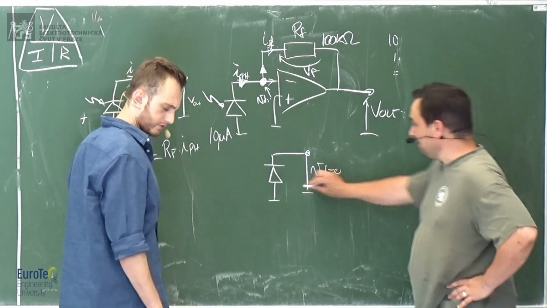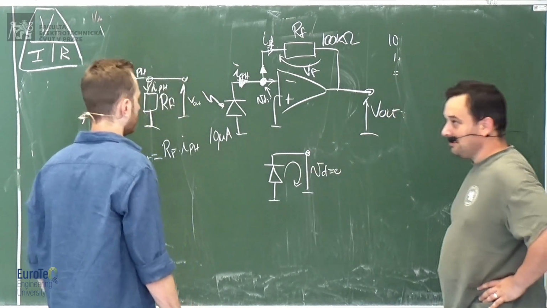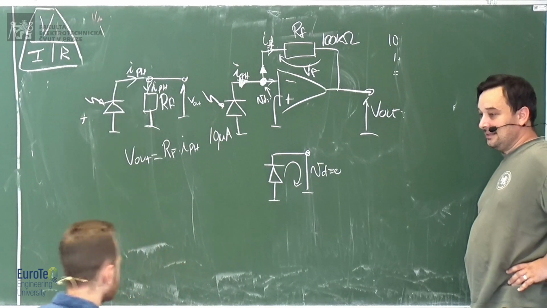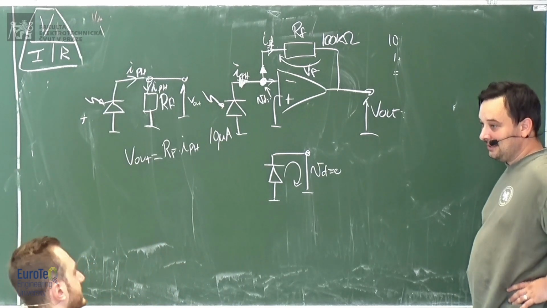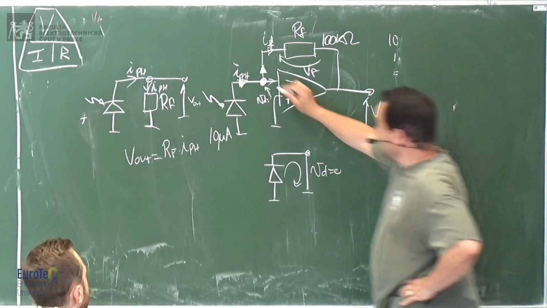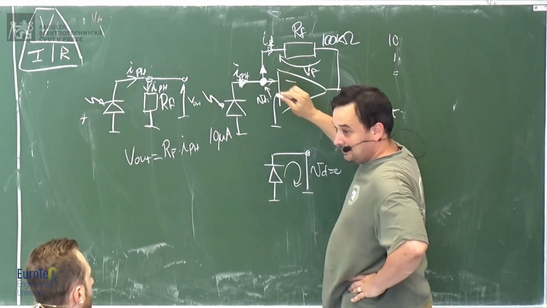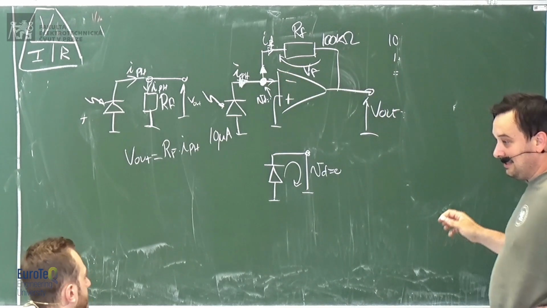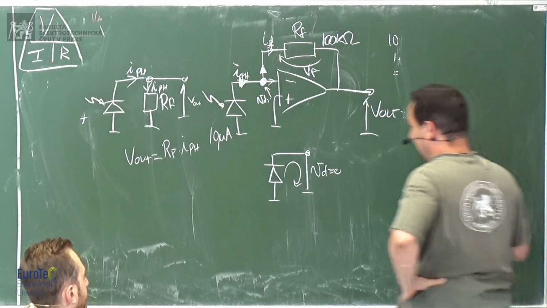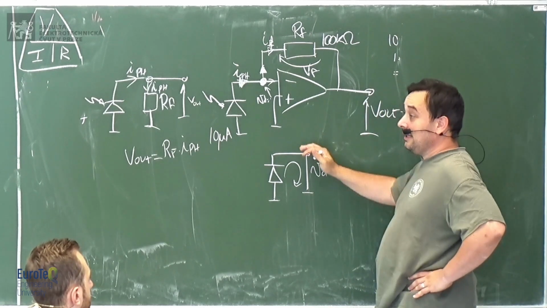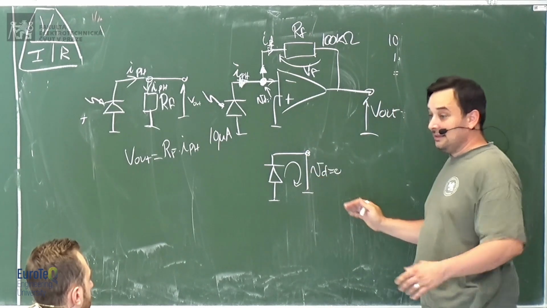So it means that it sees a short circuit. But wouldn't a short circuit mean all the current would just be sunk? The current, instead of going here, goes there. So basically, the photodiode is seeing 0 impedance.